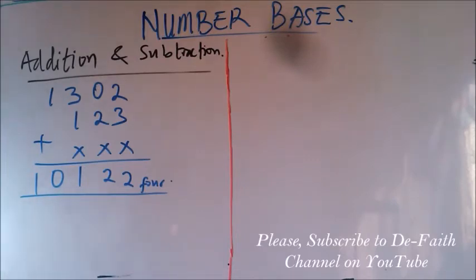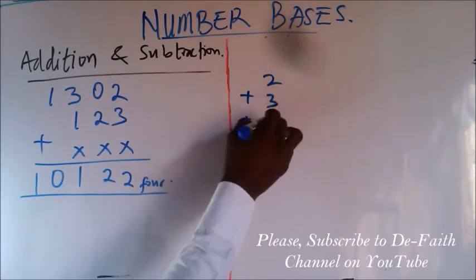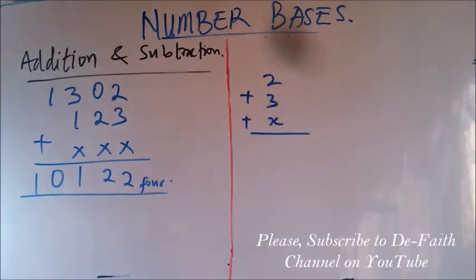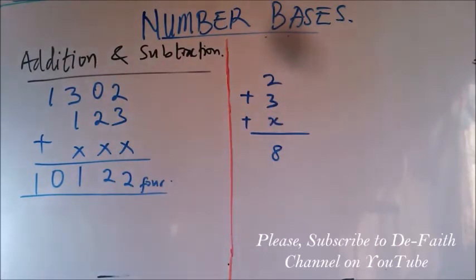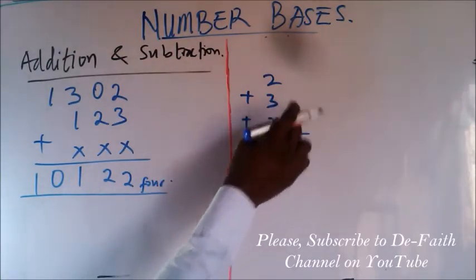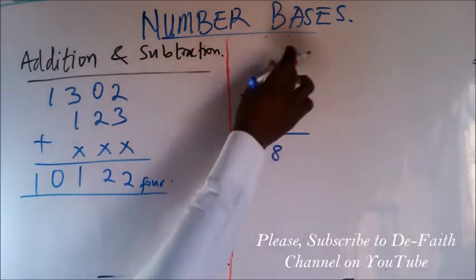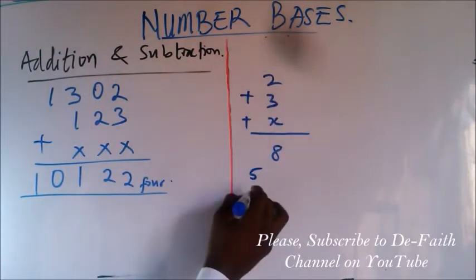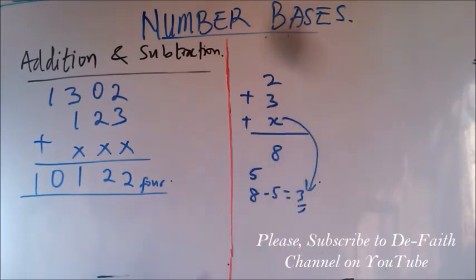It's just like you have 2 plus 3 plus x equal to 8. To get your x, let's say we are working in base 10 here. 2 plus 3 is 5. 5 plus what will give you 8? That would be 3. How do you get that? 2 plus 3, that's 5. Then you say 8 minus 5, that gives you 3. So that's how you get your x. So that is similar to what you are going to do here.